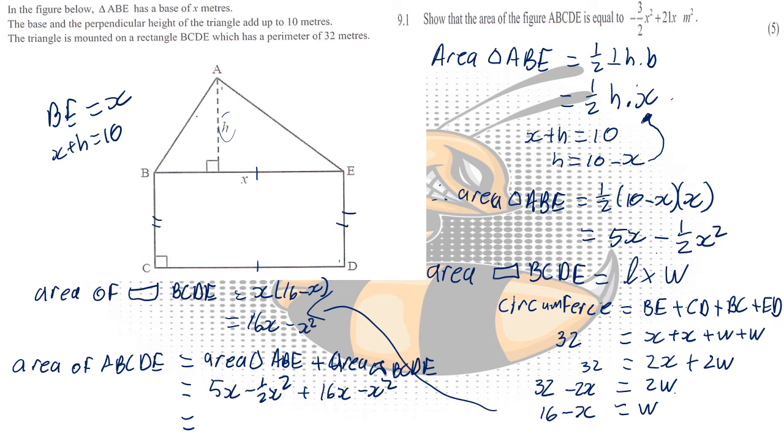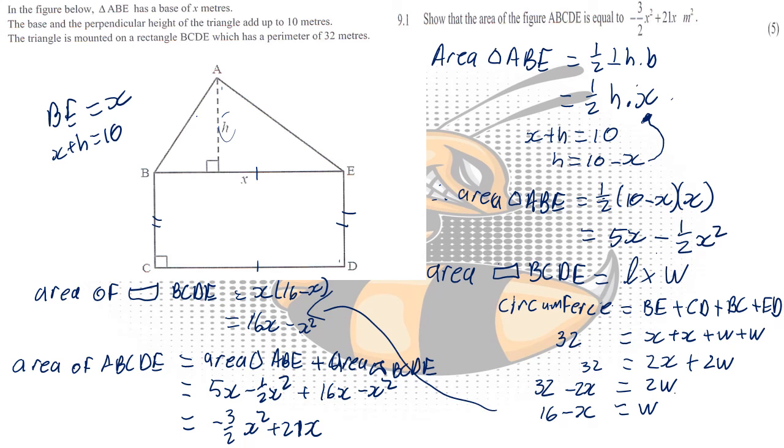And if I simplify that, it gives me minus 3 over 2 x squared plus 21x, which is what we wanted to prove initially. So in this case, we rewrote all the variables we could in terms of x, and then we substituted that into our area formulas, and then just combined the two to find the area formula for the entire shape.